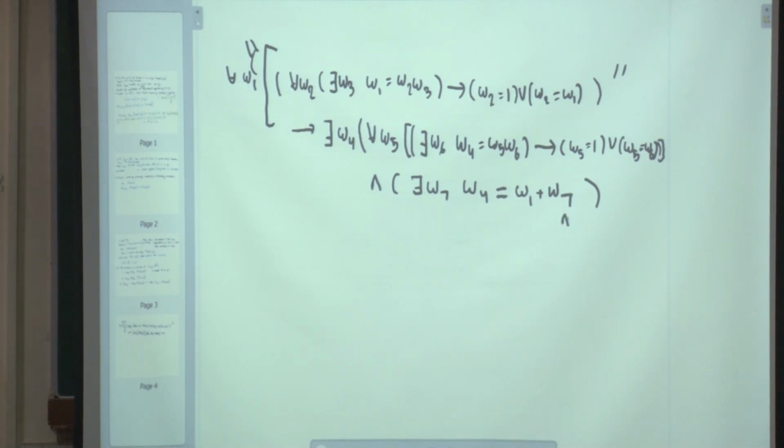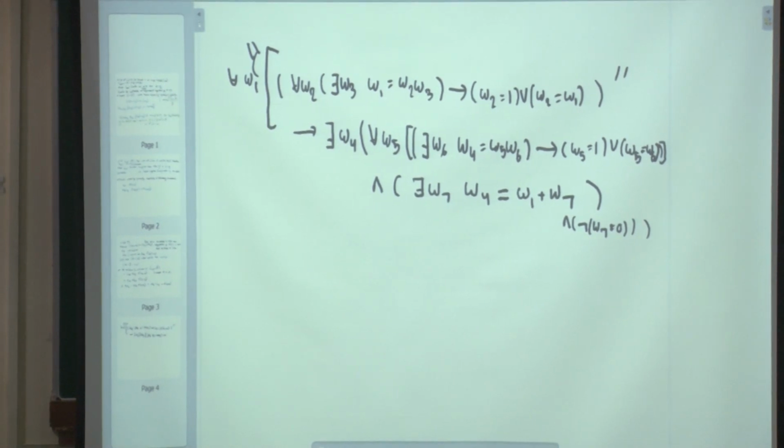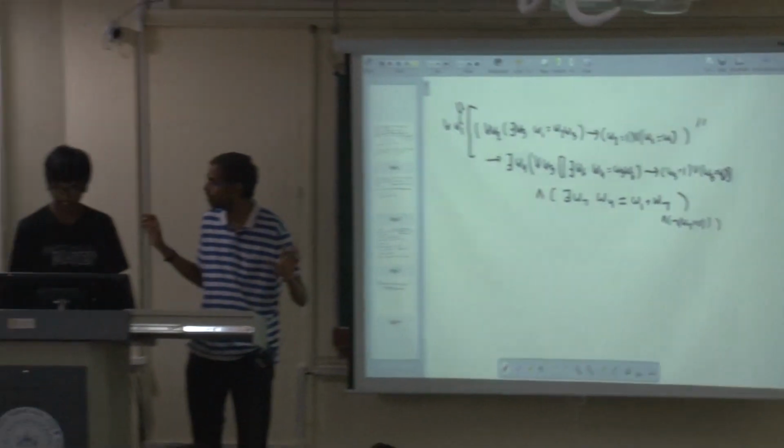A is greater than B if A is equal to B plus C for some non-zero C. That you have to express over here. Let's just check the structure, everything was given.